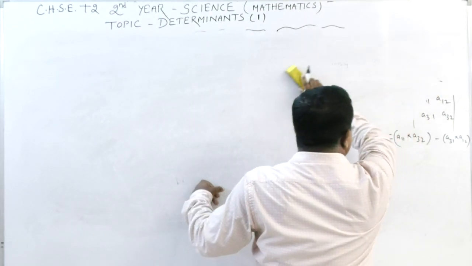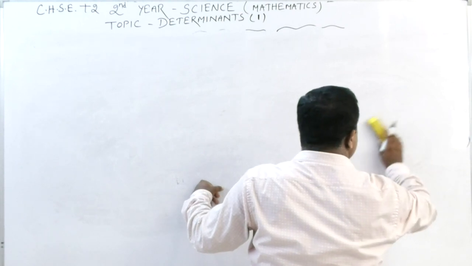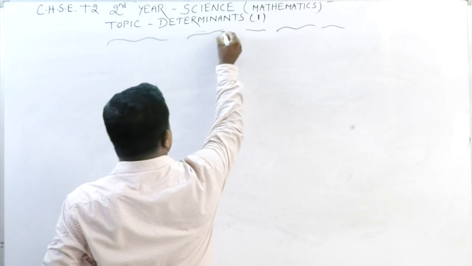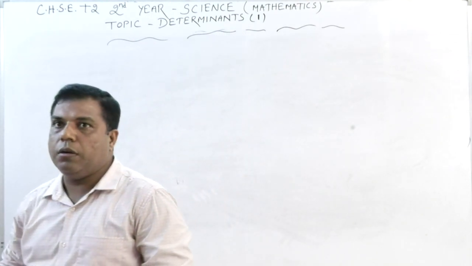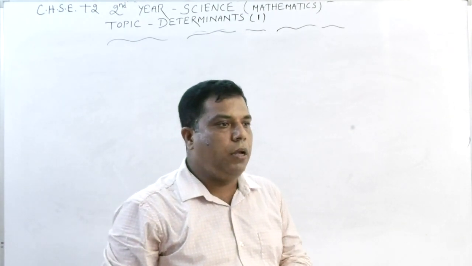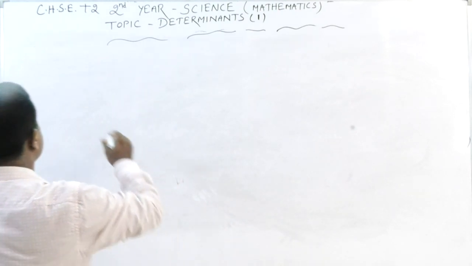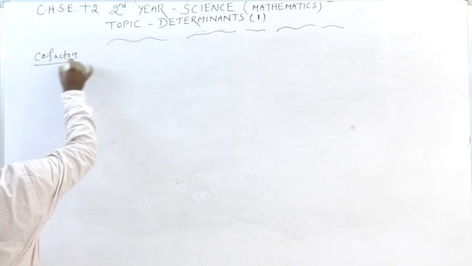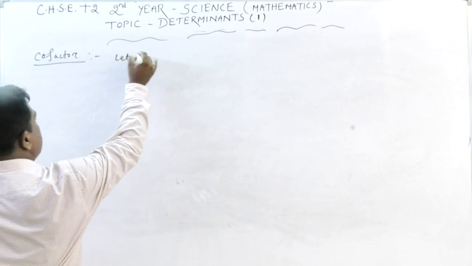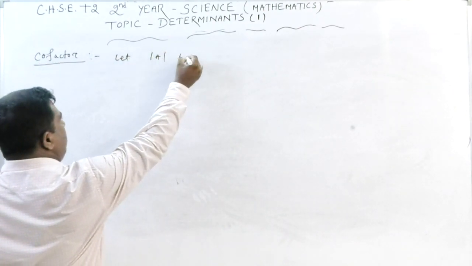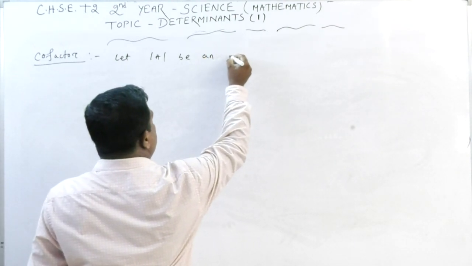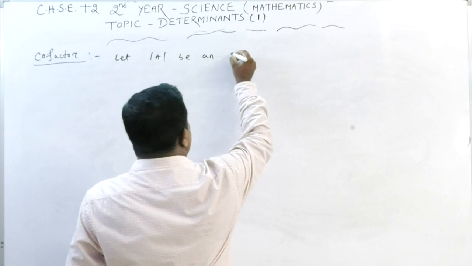So now we are moving to the concept of cofactor, and I am giving the definition. Let determinant of A be of order n.